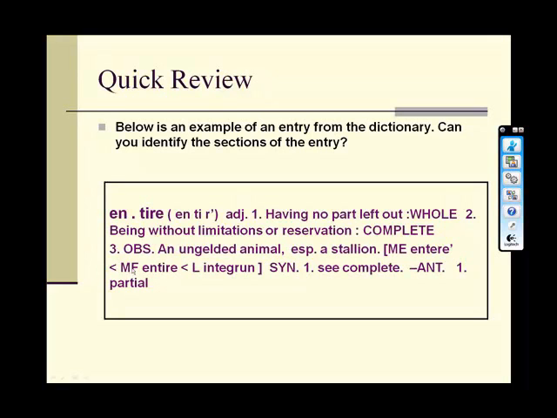Derived from MF, entire, which was derived from L for Latin, integrum. Synonym. Number 1 means see complete. It means we should look in the dictionary at the word complete. Antonym means partial. So the antonym of entire is partial.